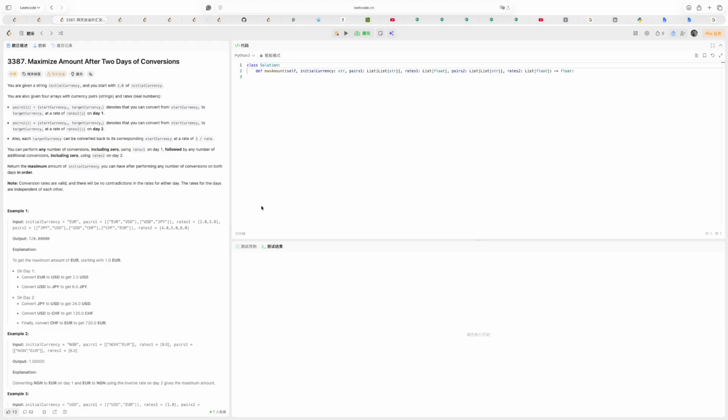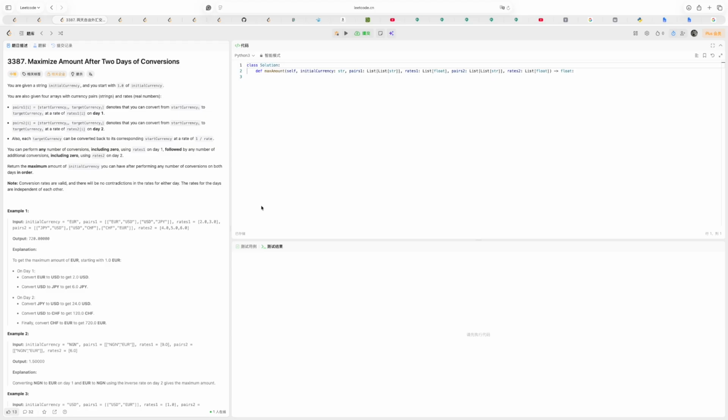You can perform any number of conversions, including 0, using rates 1 on day 1, followed by any number of additional conversions, including 0, using rates 2 on day 2. Return the maximum amount of initial currency you can have after performing any number of conversions on both days in order.